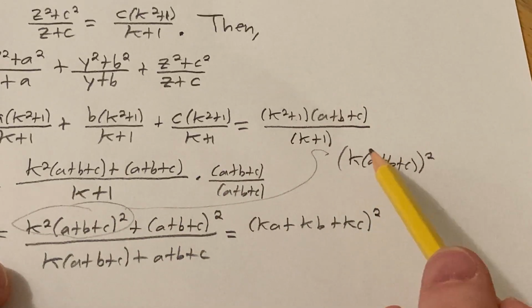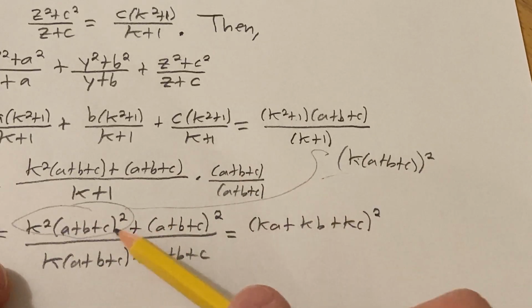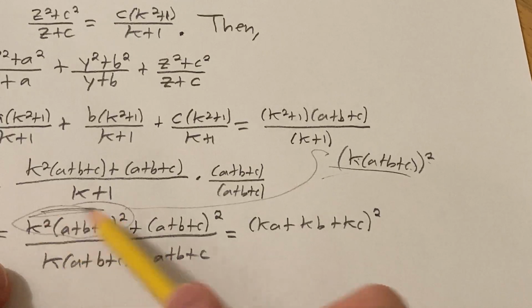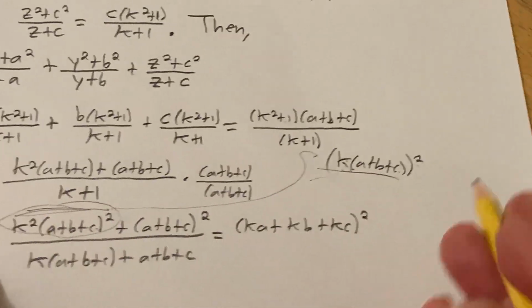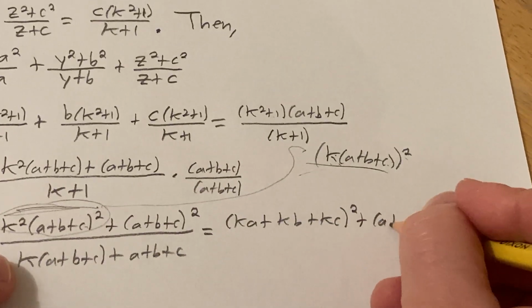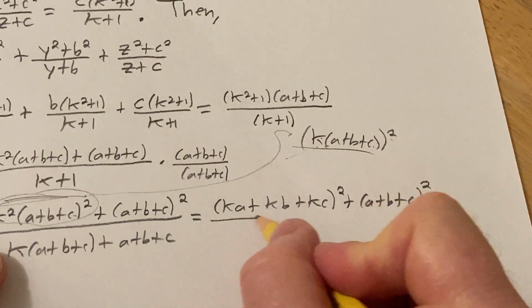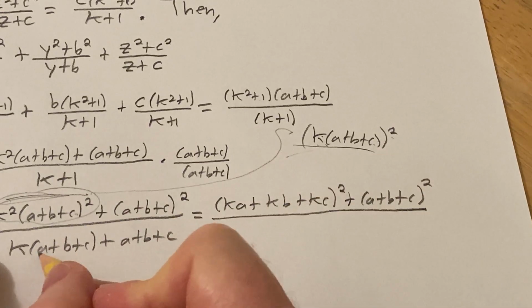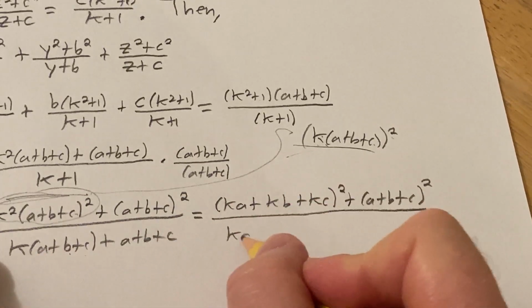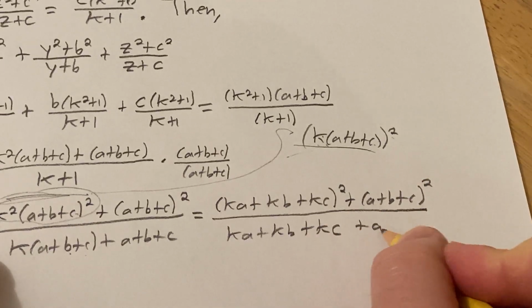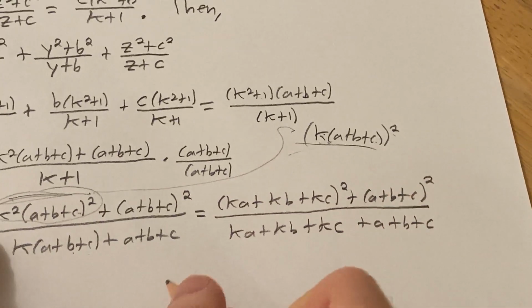Because see, it's k squared, boom. (a + b + c) squared, boom. See, this is the same as this. And then you multiply the k through and you get that. Plus (a + b + c)² over, same thing here, ka, kb, kc, ka + kb + kc plus a + b + c.